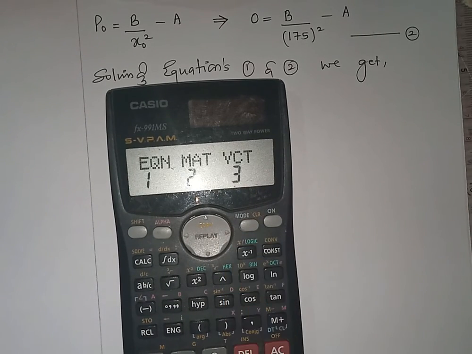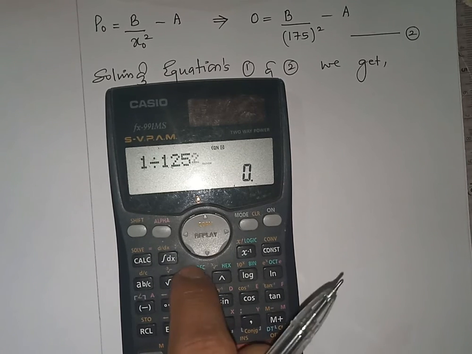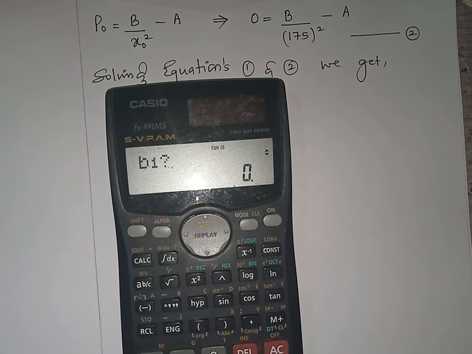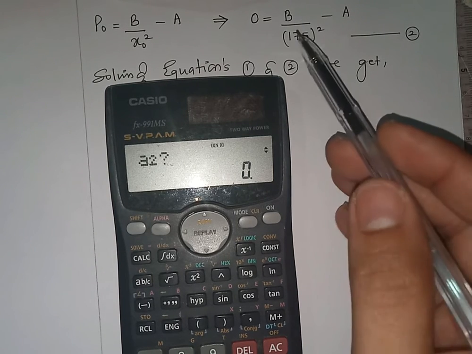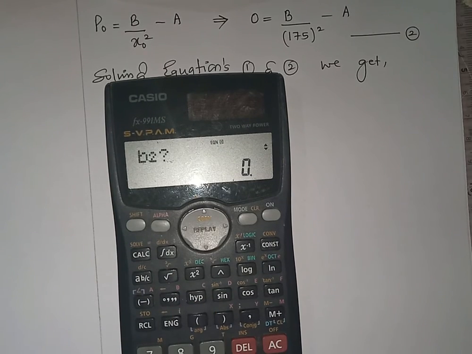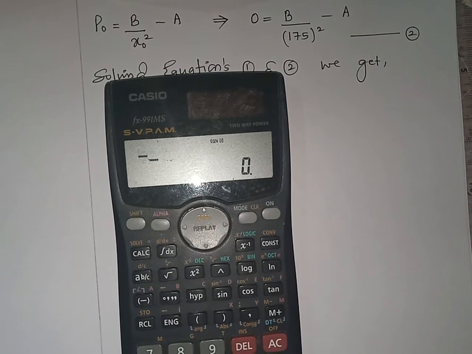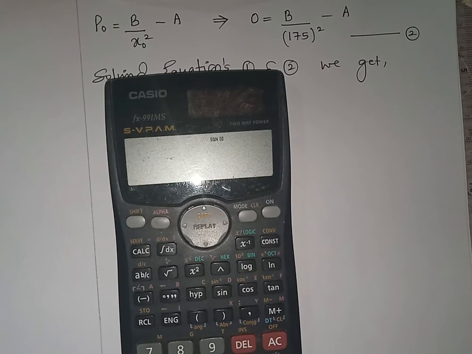Go into the equation mode, two unknowns. The value of a1 from the first equation will be 1 divided by 125 square, b1 will be minus 1, and c1 will be 10. The value of a2 will be 1 divided by 175 square, b2 is minus 1 and c2 is 0.